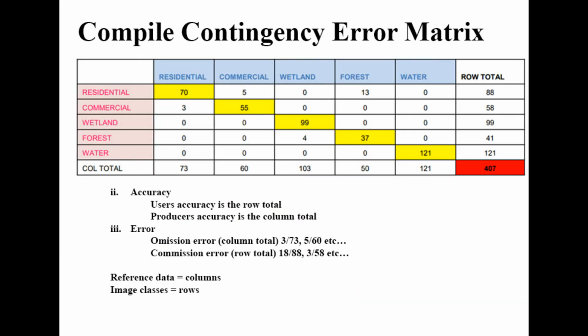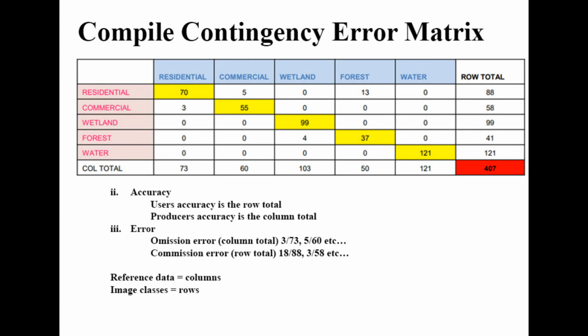And then you have compile contingency error matrix. So this is a pretty important part. In the compile contingency error matrix, you're showing the misclassifications and producing an error total.